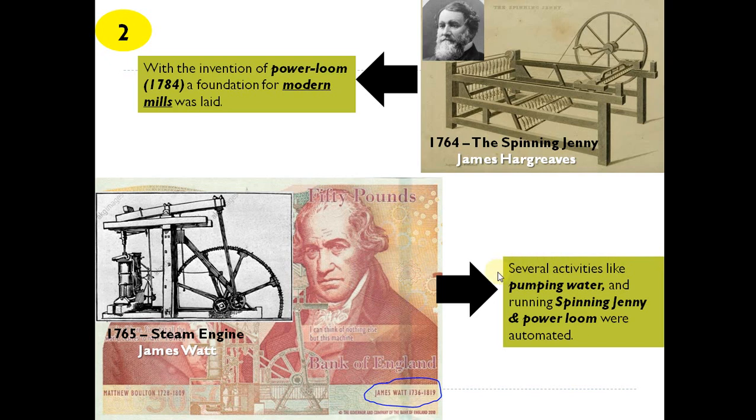Most important of them was pumping water. British industries required pumping water in many scenarios. Most importantly, pumping water from mines so that you could keep on mining the area until you have exhausted all the coal. Or the steam engine could be used to power the spinning jenny and the power loom as well. So a modern mill could be automated.